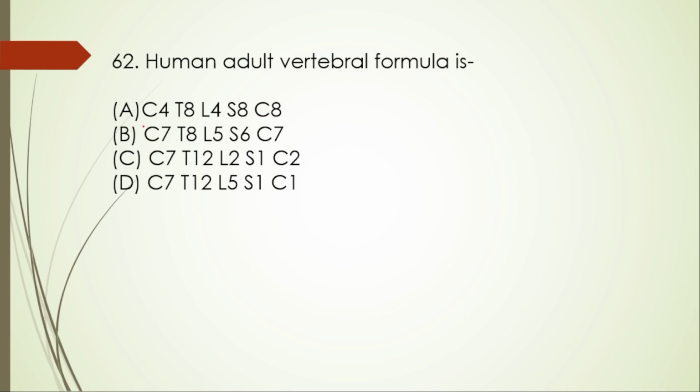Just now I said how many there will be in a human adult vertebral column: cervical will be 7, thoracic 12, lumbar 5, sacrum 1, and coccyx also 1. So the right option is D, C7, T12, L5, S1, and C1. So 62, the right option is D.